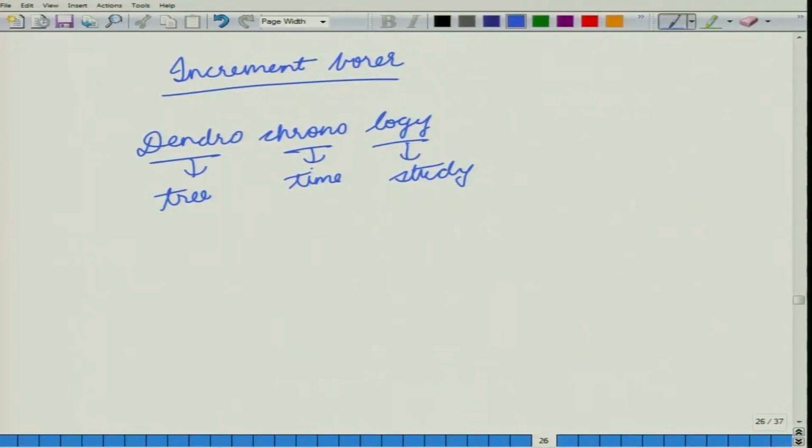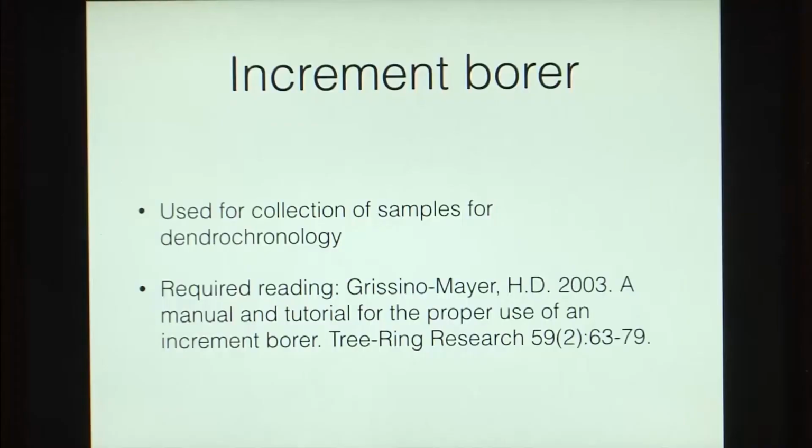If you look at the slide now, it gives us a required reading that you are required to go through. This is a paper by Grissino-Mayer 2003, a manual and tutorial for the proper use of an increment borer.